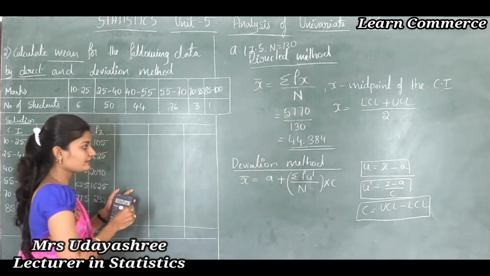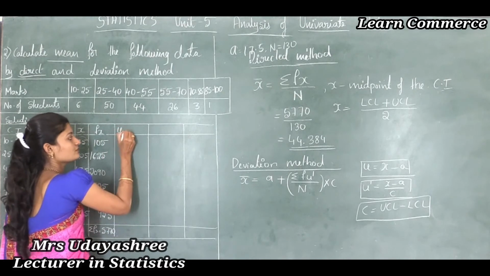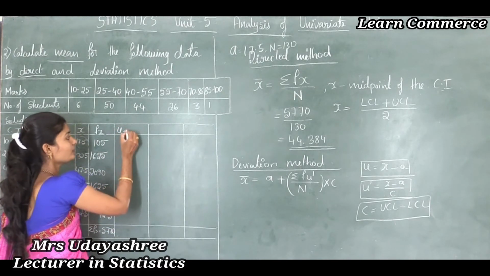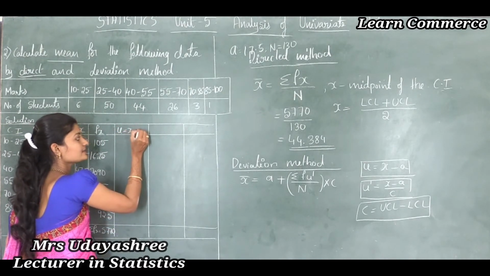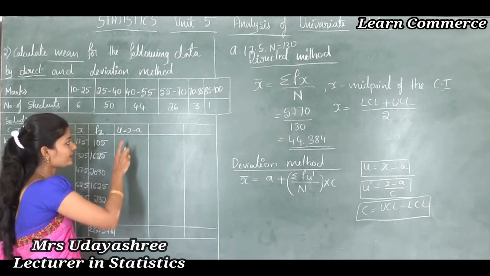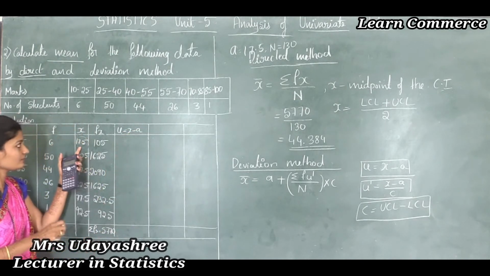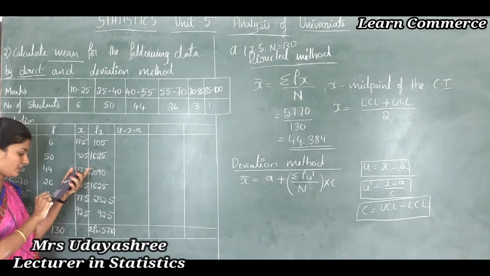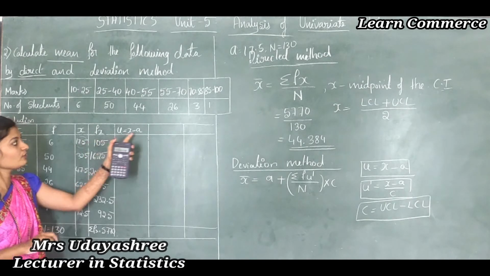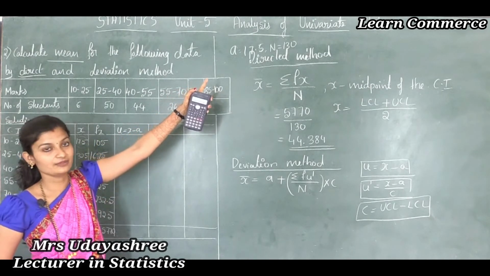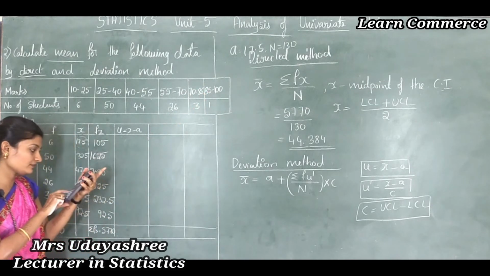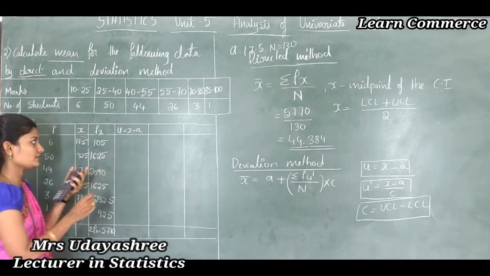So next I will find u. To calculate u, the formula is x minus a. So here x is 17.5 minus what is a? A is 17.5. So 17.5 minus 17.5 is 0.